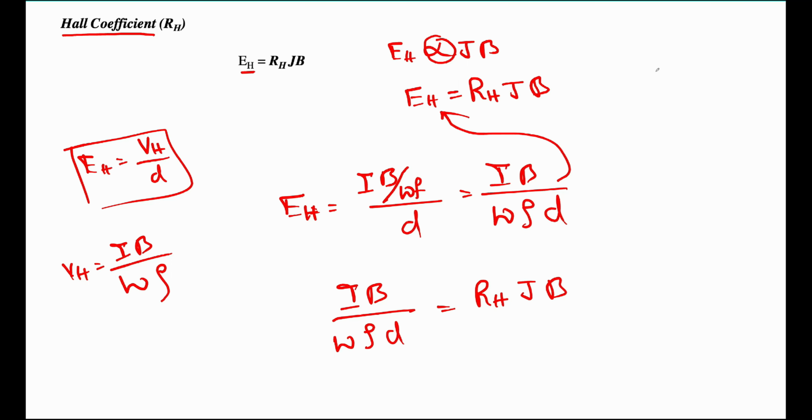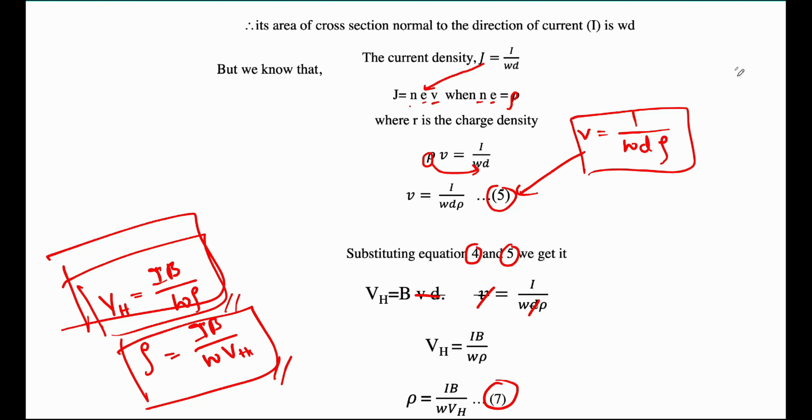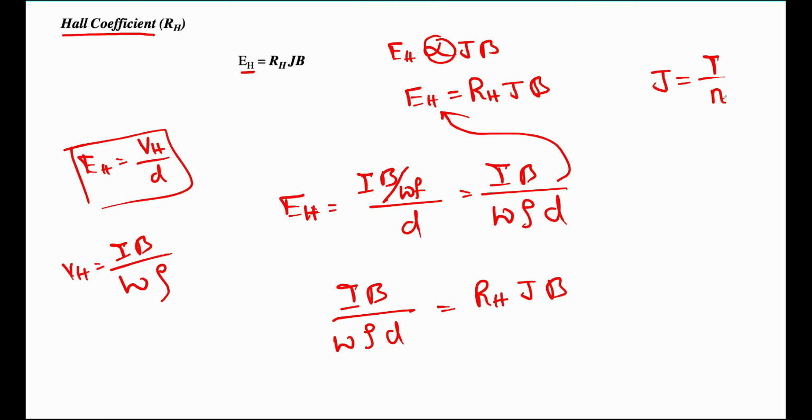So here we know what J is. J is nothing but I by WD, as we can see here. Write I by WD instead of J here.